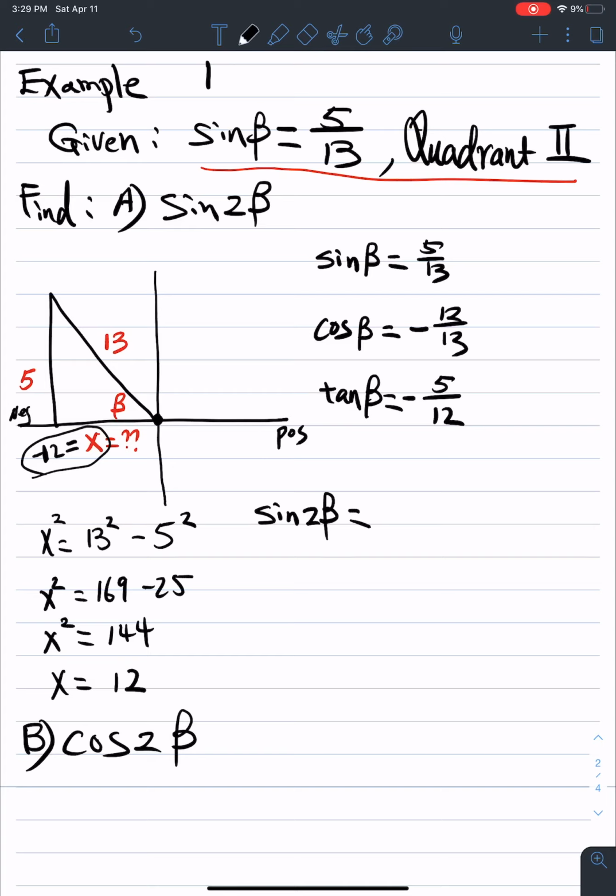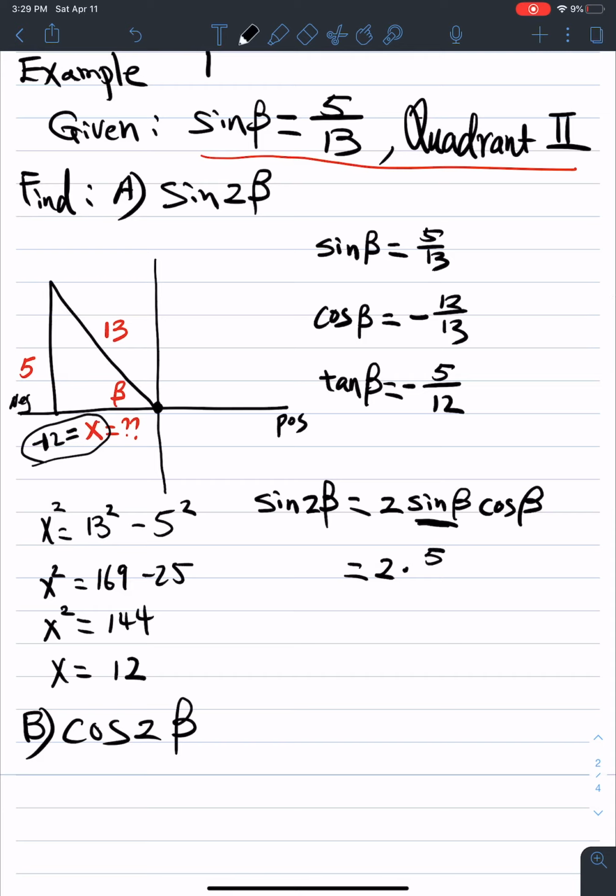So remember the first formula for the double angle. That's the formula. So we use 2 times sine times cosine. What's the sine? The given, 5 over 13.